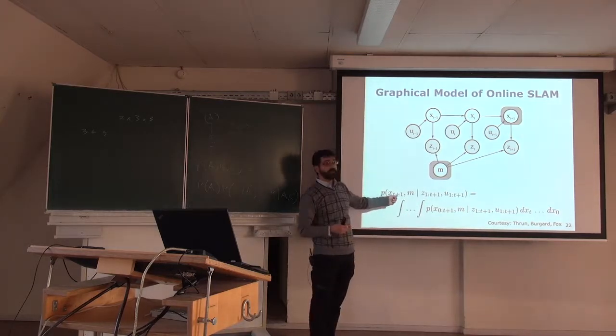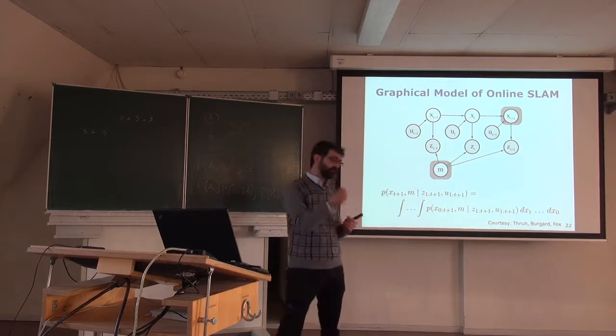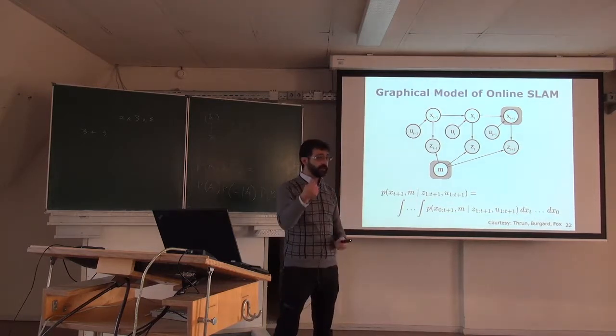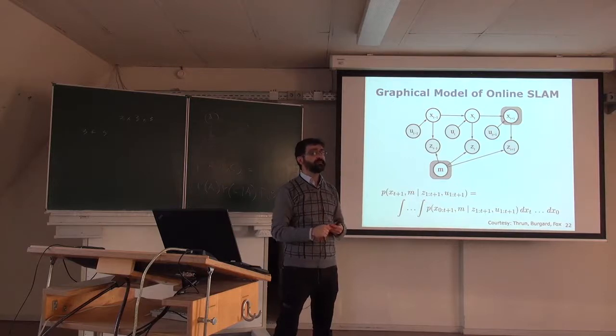You have fewer variables here. If you do online SLAM, it means you only have to remember the pose of the robot right now. If you do the whole path, you need to remember all the poses. So from a memory point of view, if the robot is traveling a lot, your state always increases, and at some point you might not have enough memory for storing it.